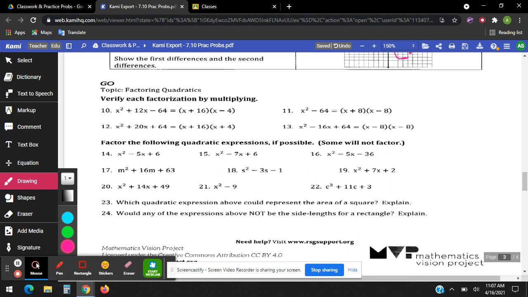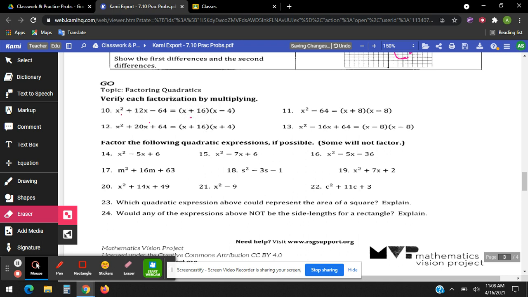So we're going to prove these work. So when I do these multiplying, that's an x squared, and then that's plus 16x. You know what? I'm going to do this with the text box. I don't know why my stylus is not connecting on here very well.